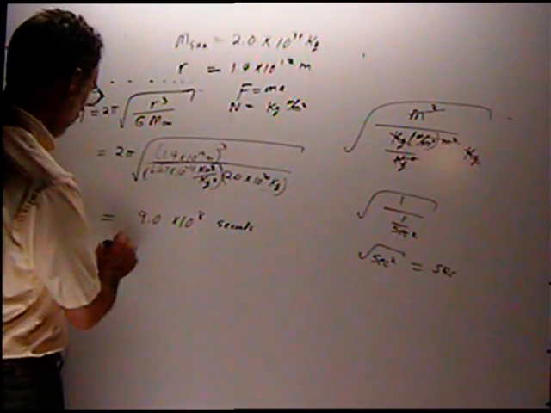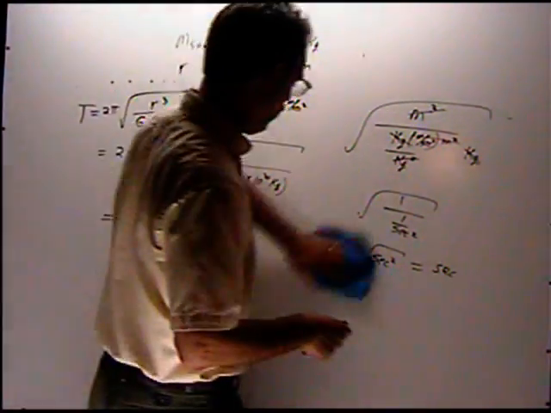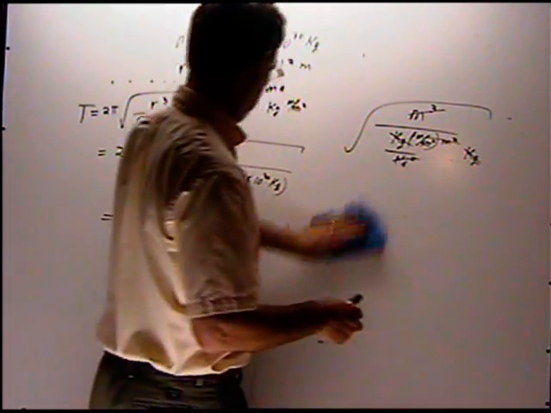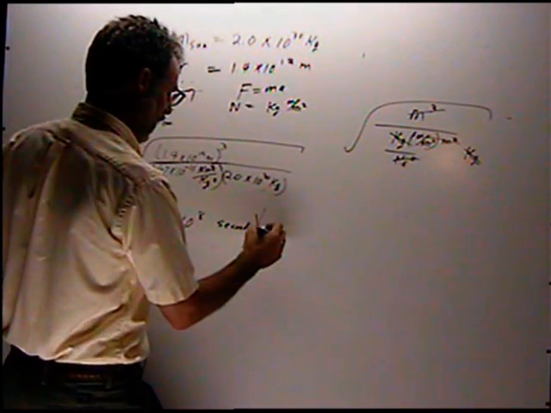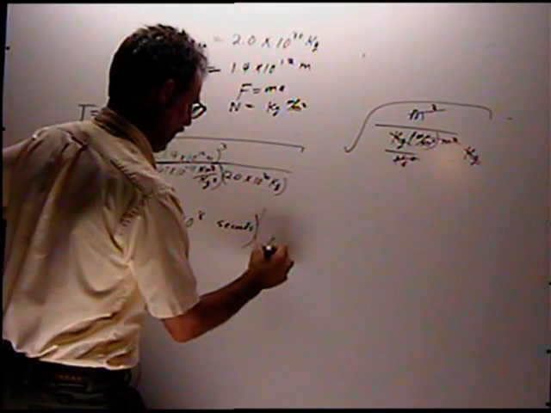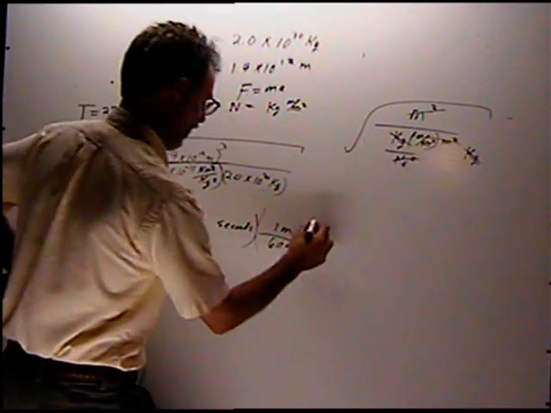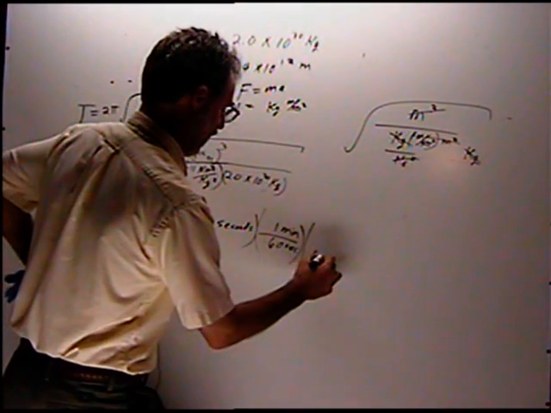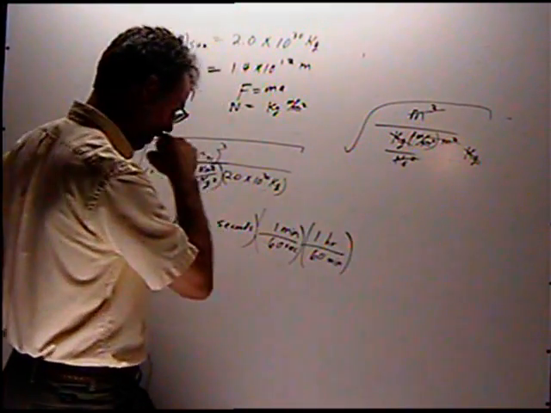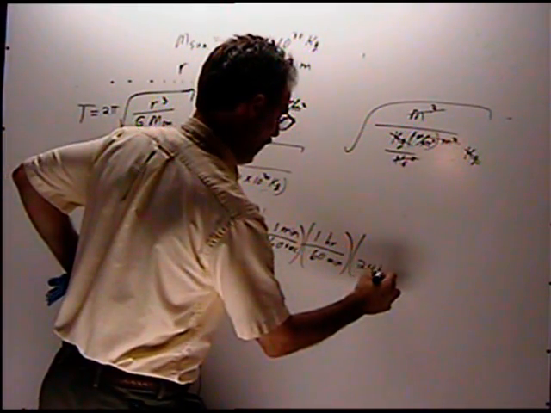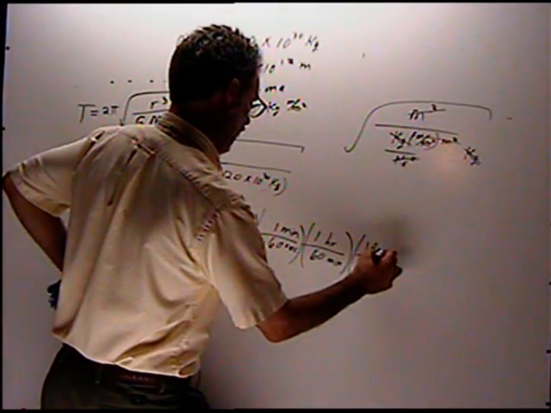Now, how would you convert this to years? This is the right answer, but let's convert that to years. Well, there's 60 seconds in 1 minute, 60 minutes in 1 hour, 24 hours in 1 day.